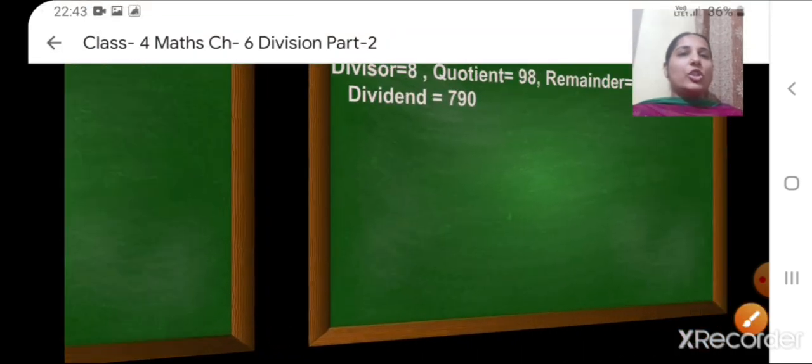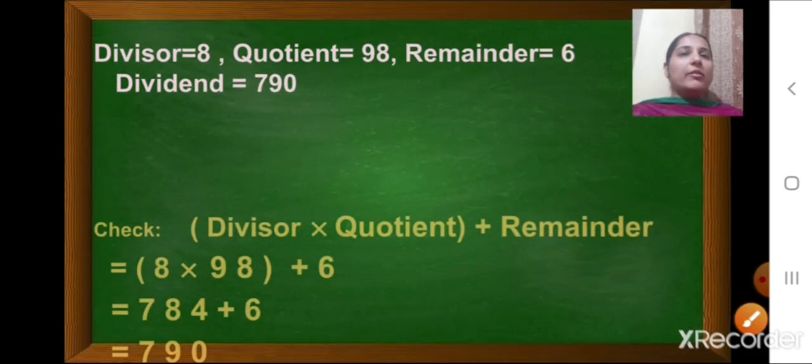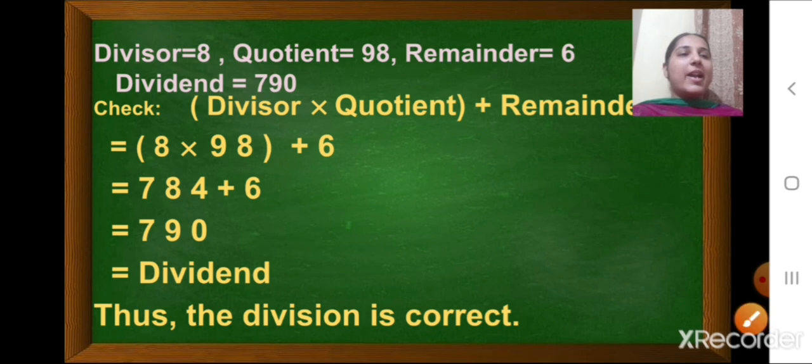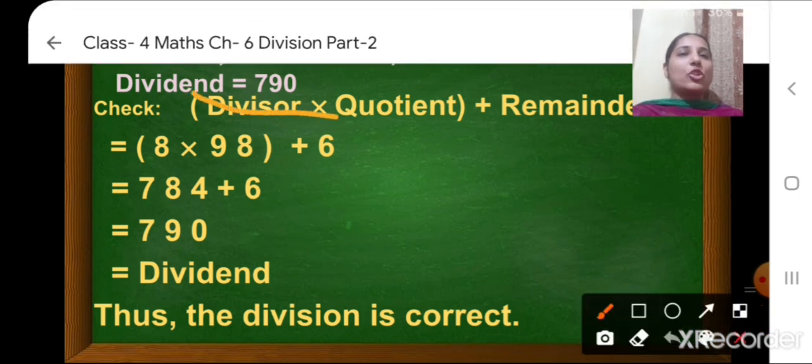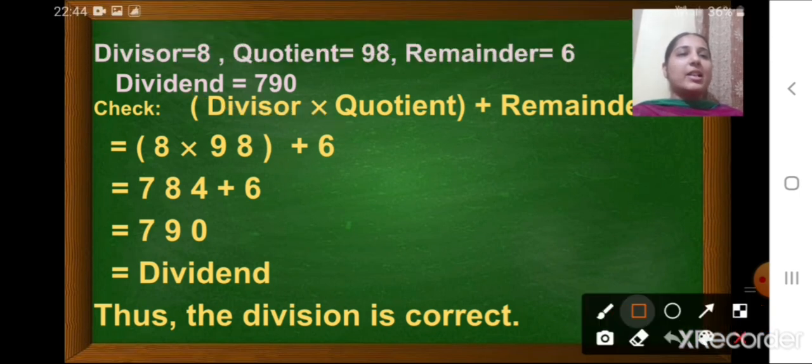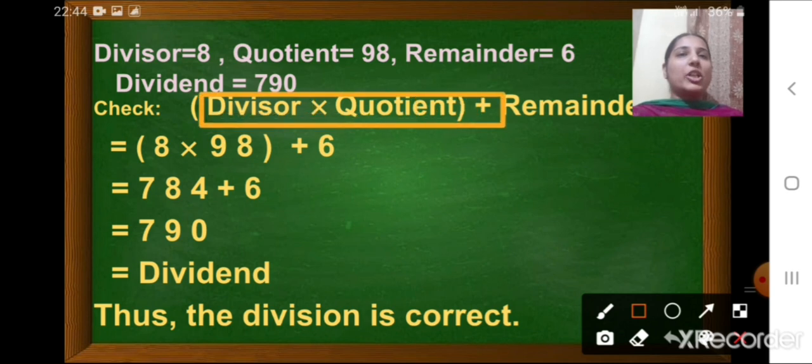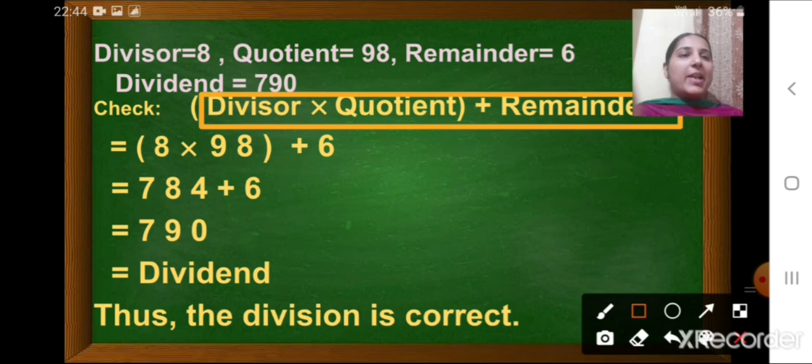To check, again we have to multiply divisor by quotient, plus remainder. So let's multiply. Our divisor was 8, whereas the quotient was 98.